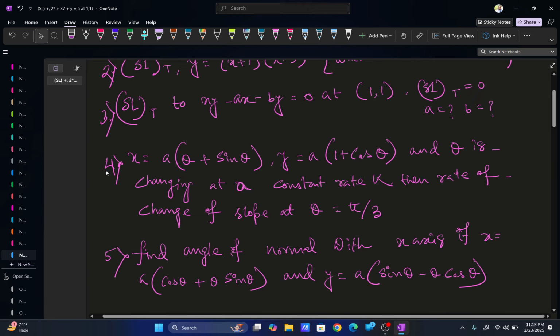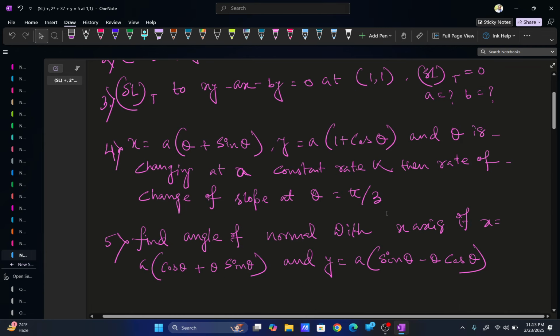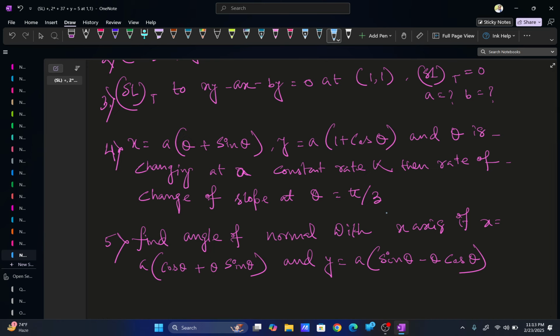And now we go into question number 4. This is somewhat more complex than the previous three. In that question, x equals a times (theta plus sine theta) and y equals a times (1 plus cos theta), and theta is changing at a constant rate k.